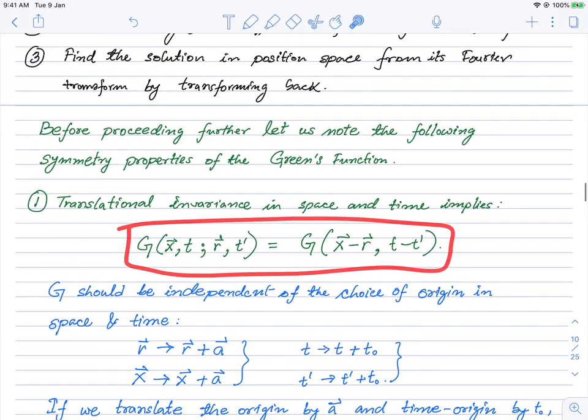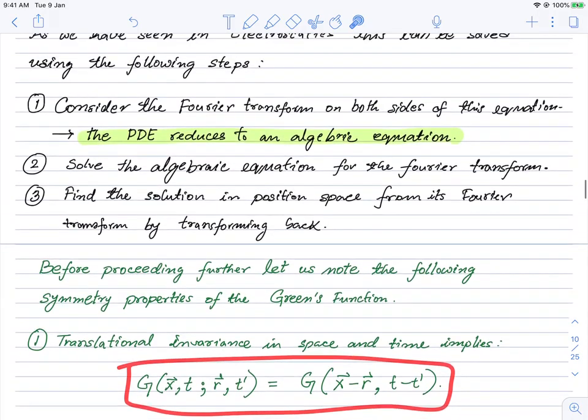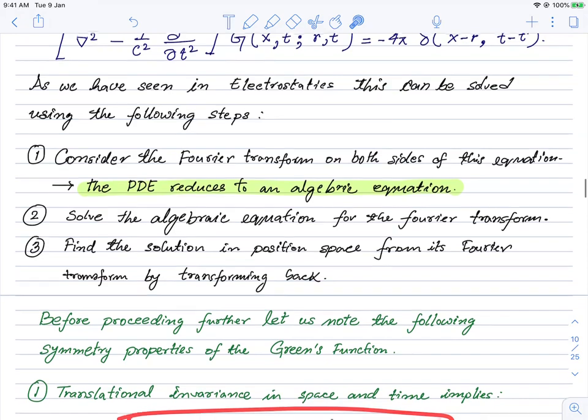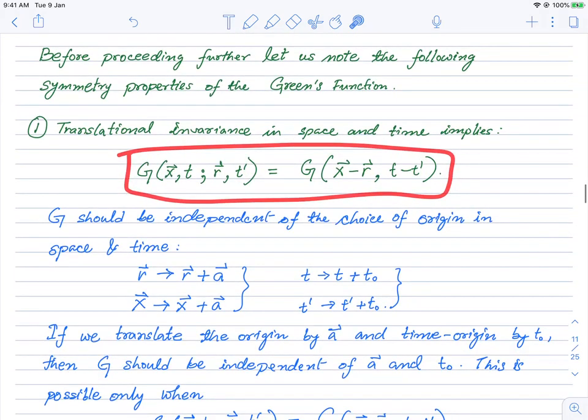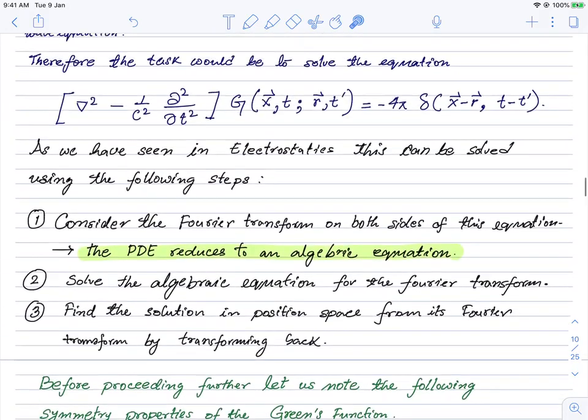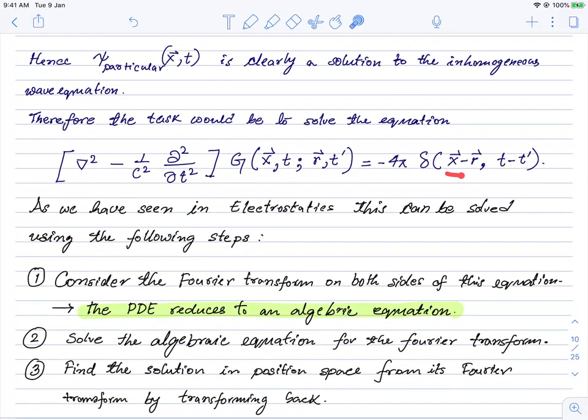Now, if you take this G, then immediately from some physical requirements, some property of G follows. The thing that we want to emphasize is that it should not matter where the origin of the delta function is, both in terms of space and time.